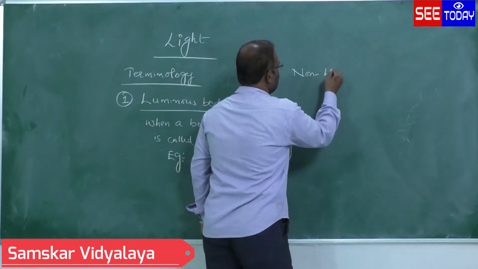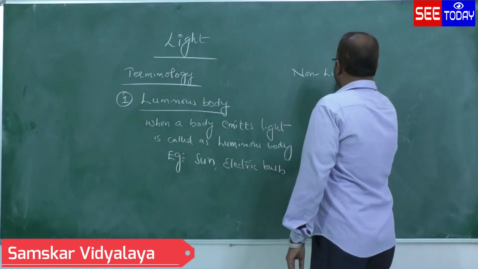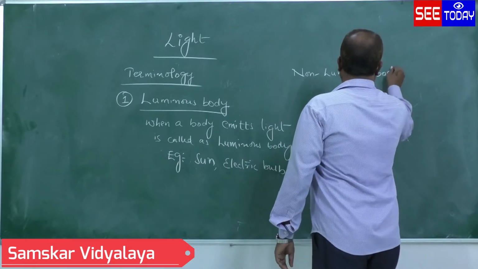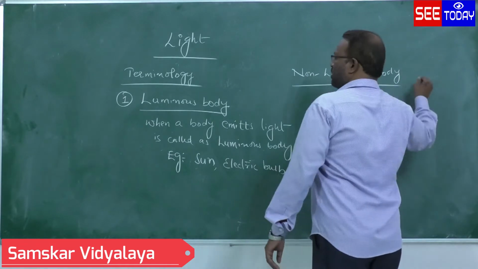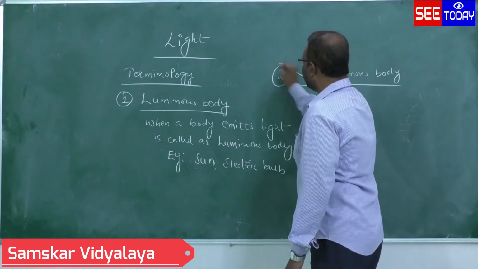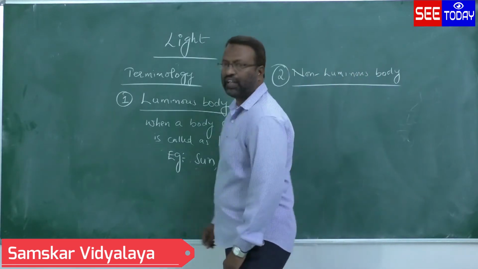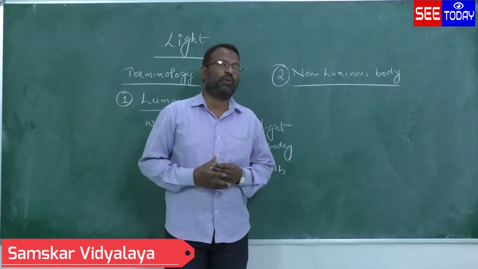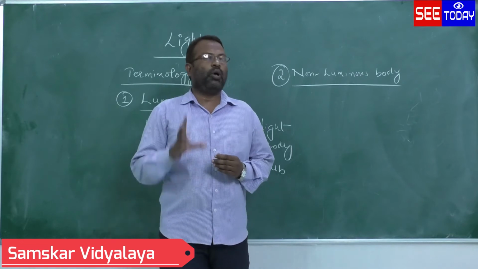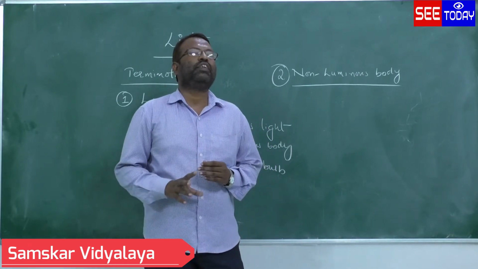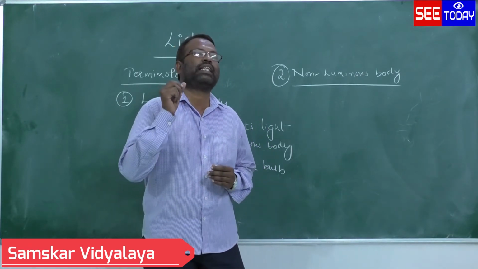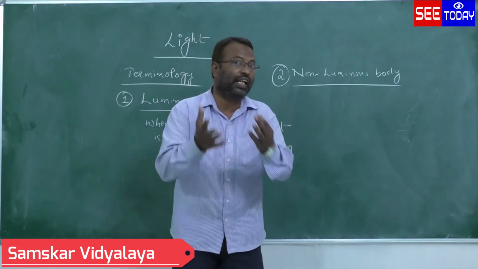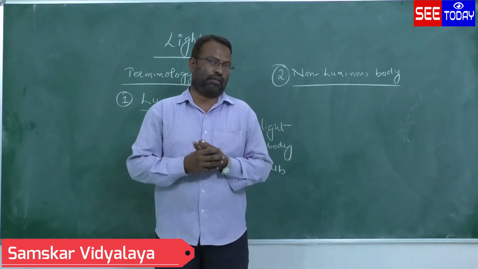Next, non-luminous bodies. What is this second one? Another terminology we find in light. What is a non-luminous body? The body which does not emit its own light, it is not an emitter.